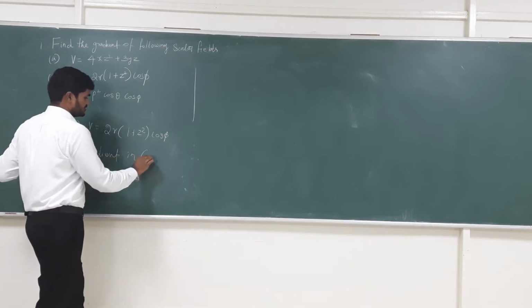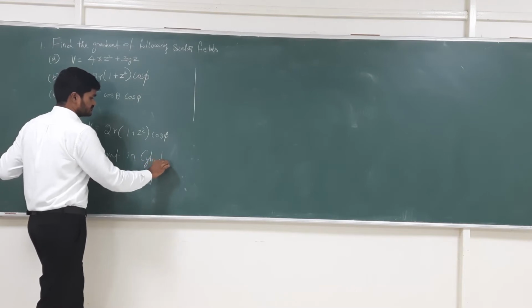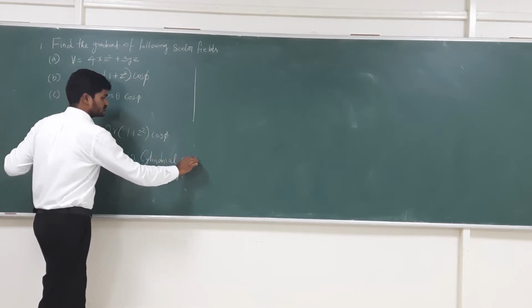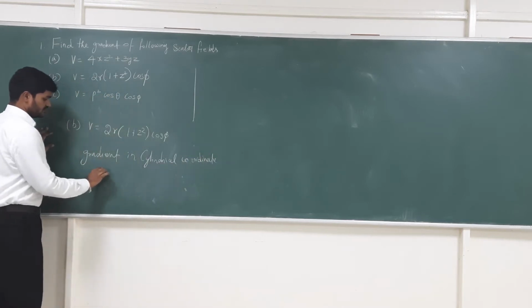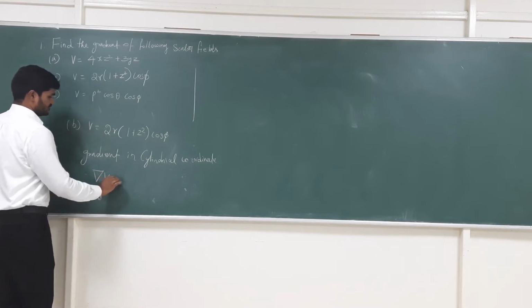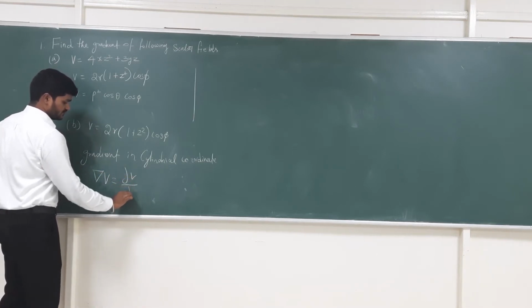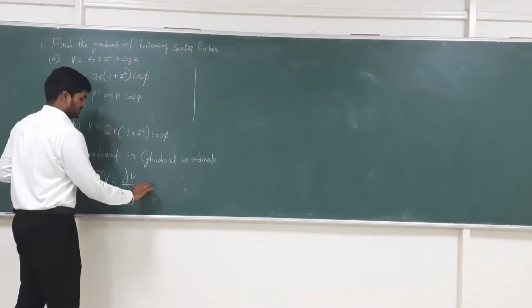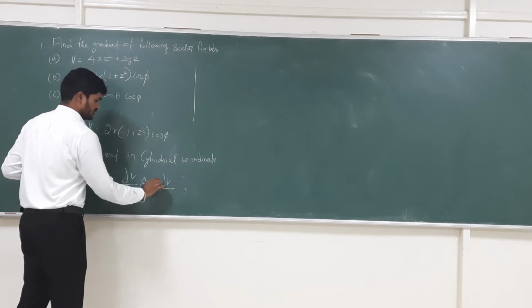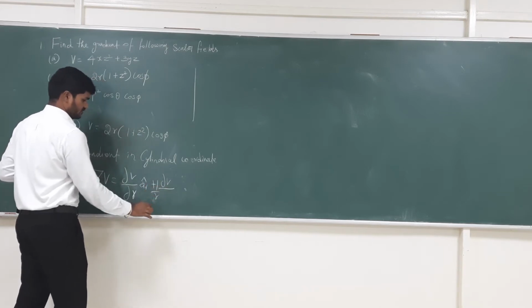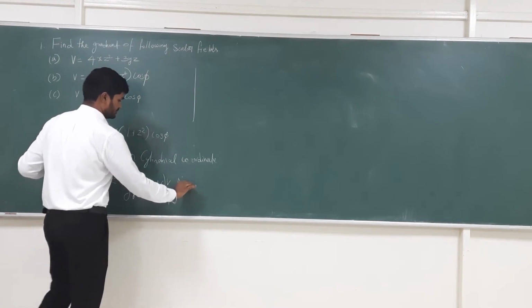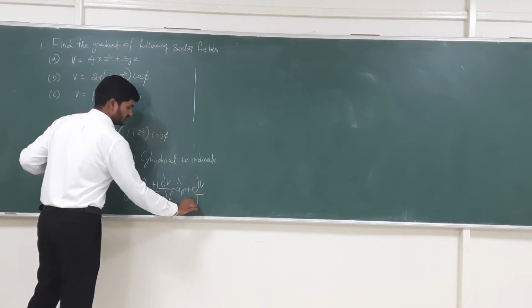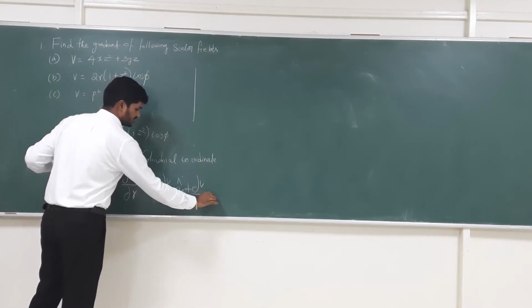The gradient in the cylindrical coordinate system is del V equals ∂V/∂r ar cap plus 1/r ∂V/∂φ aφ cap plus ∂V/∂z az cap.